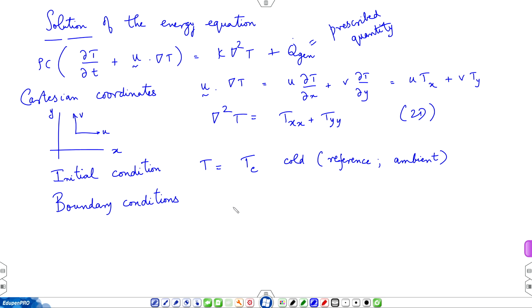Now, in a typical problem that we have studied in this course, you have a surface and flow going over the surface. So, this fluid may be cold and this wall may be heated.